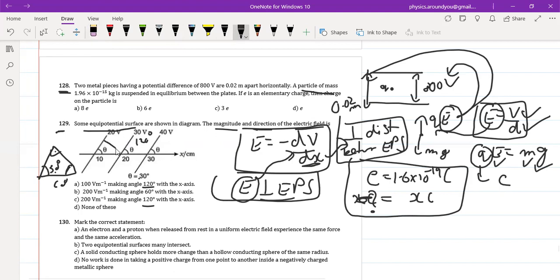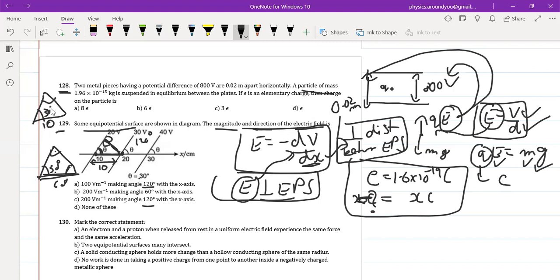I will simply draw one perpendicular, 90. This is at 10. This is at 20, x coordinate. What's the distance between them then? 20 minus 10, so this is 10. This angle is 30. I need to find this side. Trigonometry wise, if I write a triangle like this, this is 10, all right.